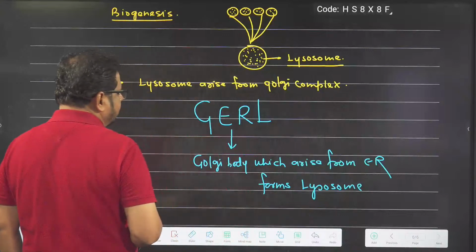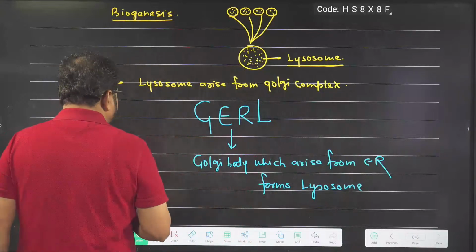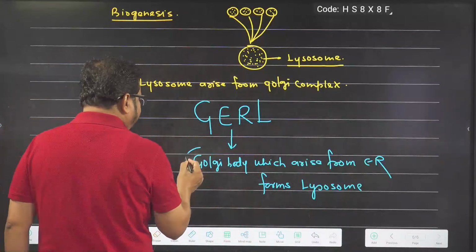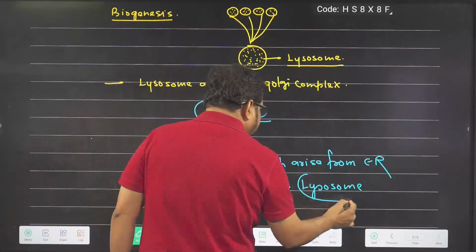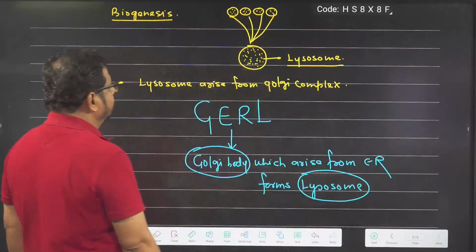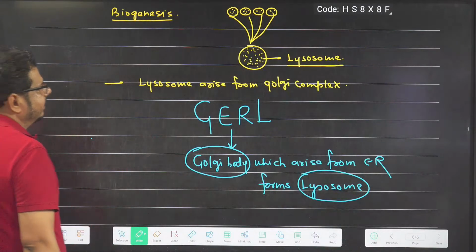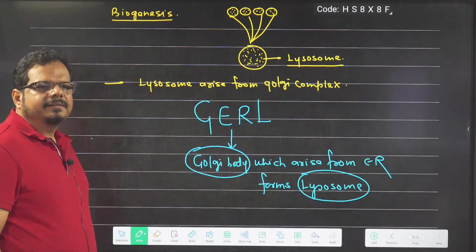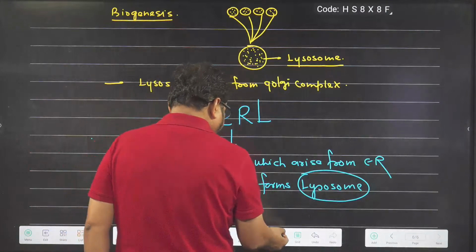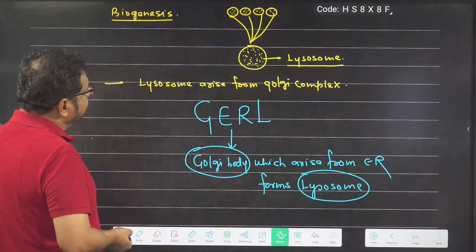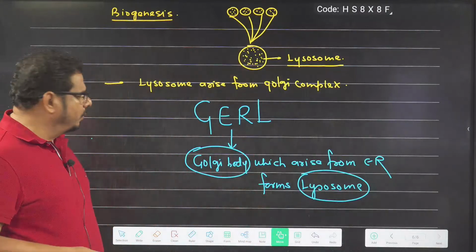It means you got the biogenesis. So who is forming the Golgi body? ER forms the Golgi body. Who is forming the lysosome? The Golgi body forms the lysosome. Got the idea? Is it clear? Now we are moving ahead. So this is about how a new lysosome is forming.